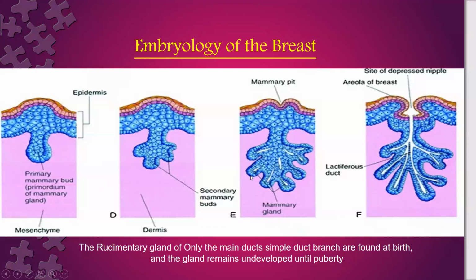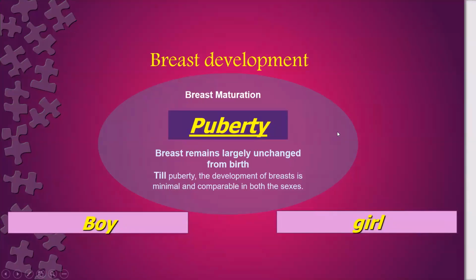Here it branches and starts to form the mammary pit. The mammary pit will form here, and canalization of these rods forms the lactiferous ducts. All this process occurs antenatally, before birth. So when the baby is born, both boys and girls have immature or primitive breasts, which remain unchanged until puberty.